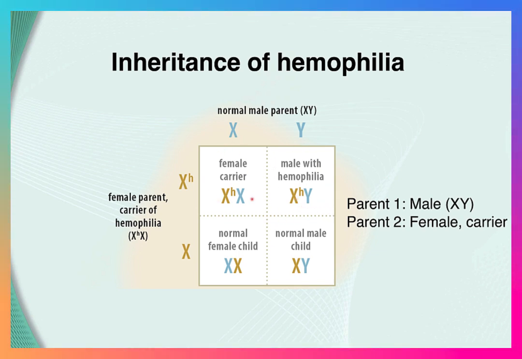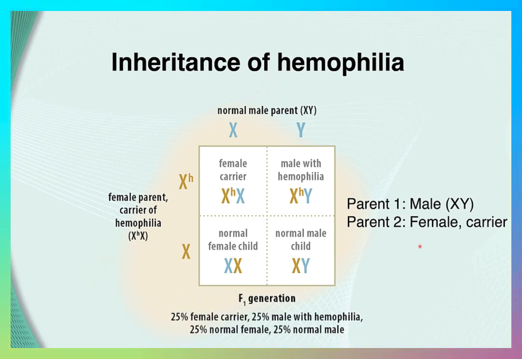And this woman will become a carrier, and she could potentially pass hemophilia to her male offspring when she gets married. So 25% are carriers, 25% are normal females, 25% normal males, and 25% have hemophilia. 75% appear normal.